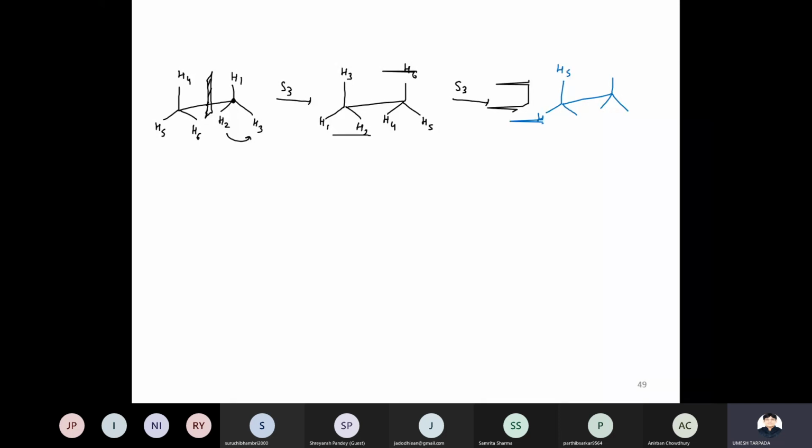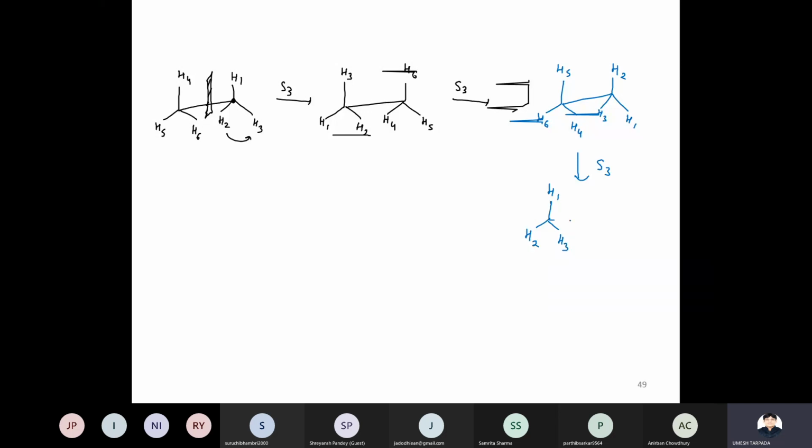Here it's H6, H4, and here it's H2, H3, and H1. Now you can go for the third time S3. So you are getting, see here, H1. You are not getting an equivalent structure after 3 times.